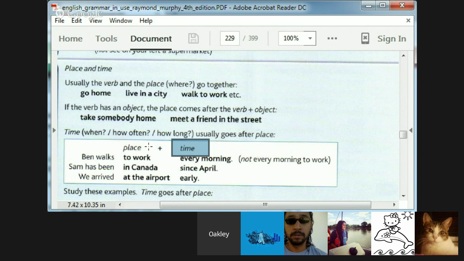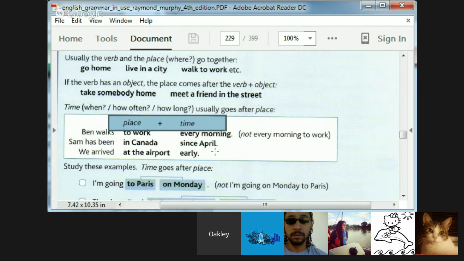So, it's one of these things in English where sometimes it doesn't matter. There's no real rule about it. However, if you always make a habit of putting the place in front of the time, you're safe. Okay? There's actually several kind of rules or guidelines in English which are not really solid rules, but if you do it that way, you're always going to be correct.